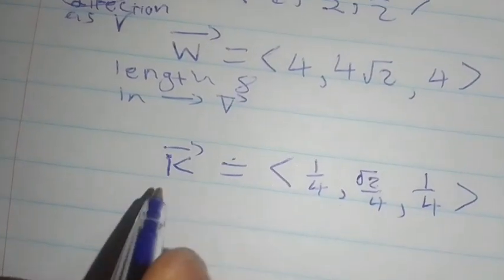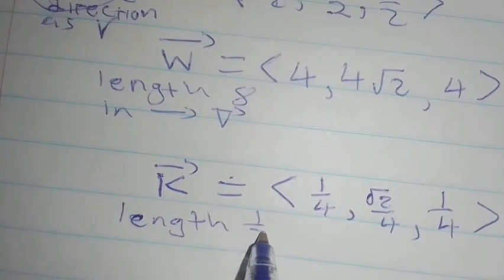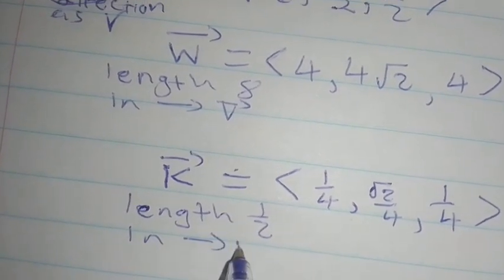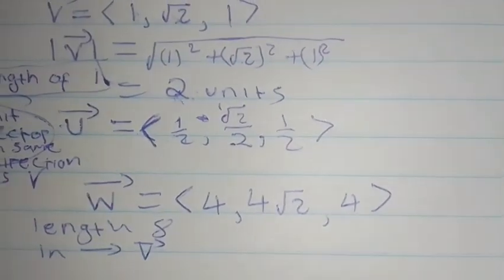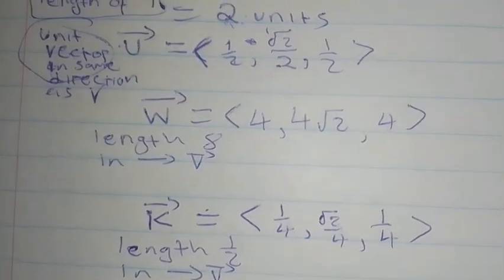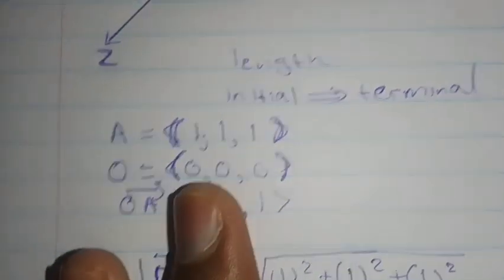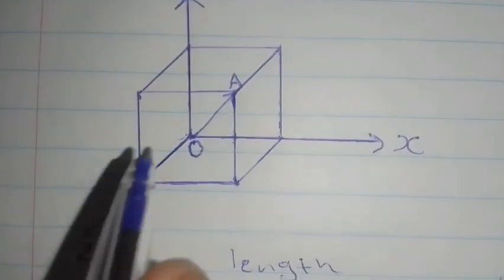So this will be a vector of length half in the same direction as v. So you practically see that this is basically simple.